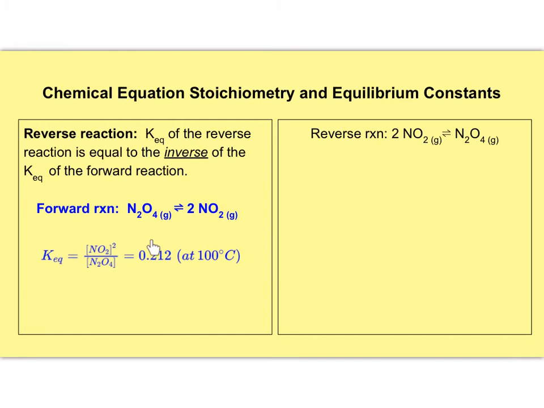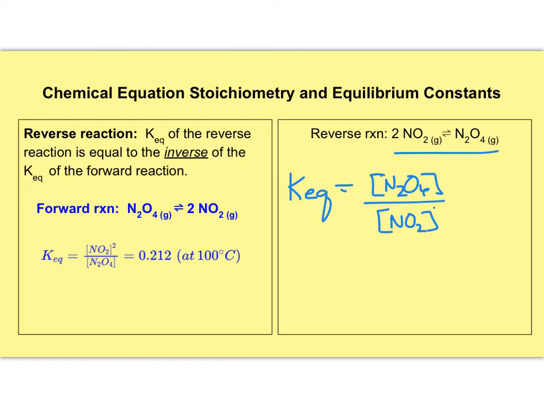If we were to write this reaction in reverse, we will get the inverse of this KEQ as the KEQ value of the reverse reaction. If we were to write the KEQ expression for the reverse reaction, here I've already written the reaction in reverse, it's going to be the concentration of dinitrogen tetroxide over the concentration of nitrogen dioxide squared.